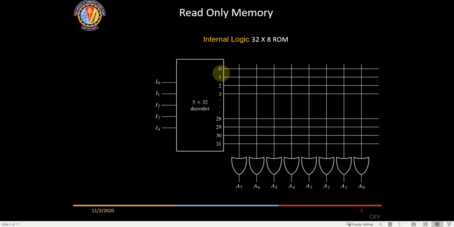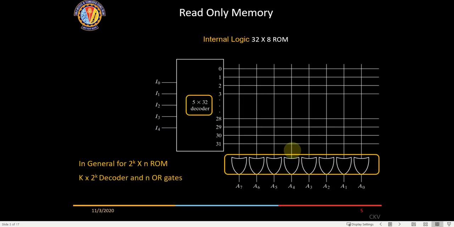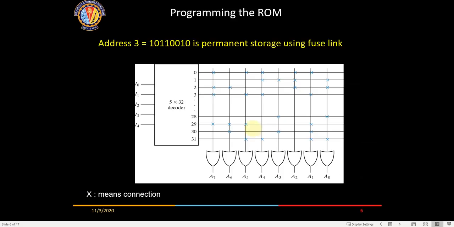Now we have to understand how to make these connections. This is a 5 to 32 decoder, which is pretty straightforward. These are the connections shown here.